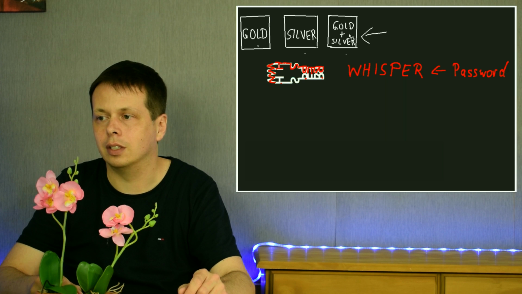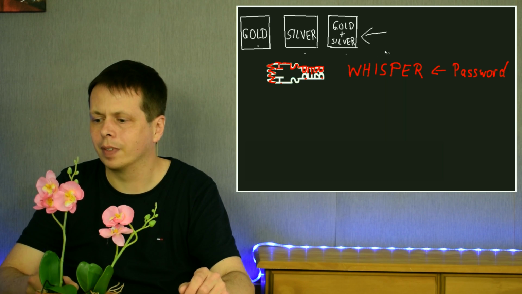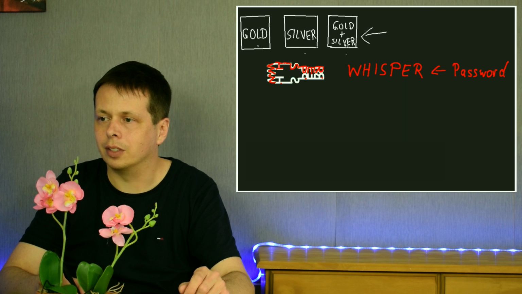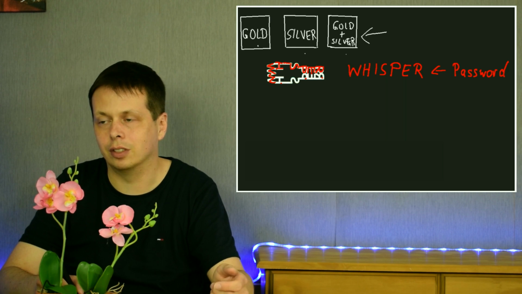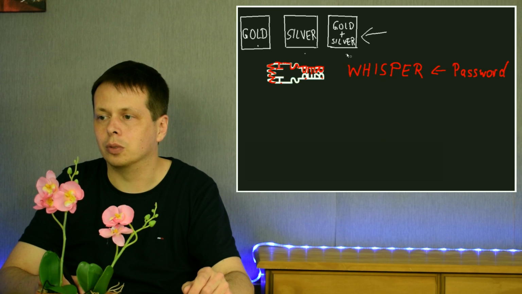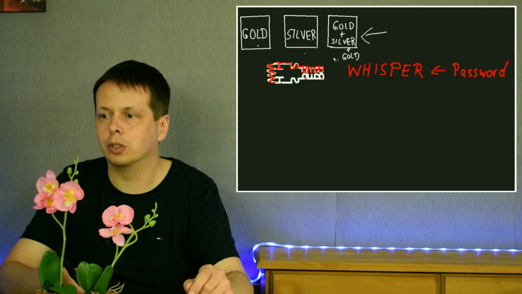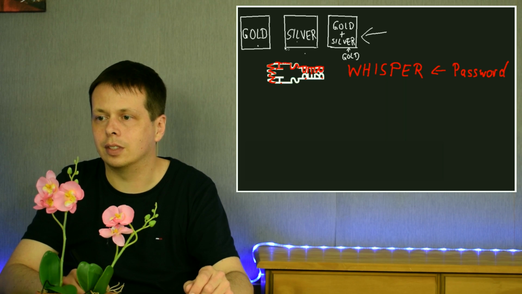We stick the hand in the third box, gold and silver. So, because it's a gold coin, we know the labeling gold and silver is wrong. So then we know this is gold, because it cannot be gold and silver, because the labeling is wrong. And then we also know these labels here are wrong.